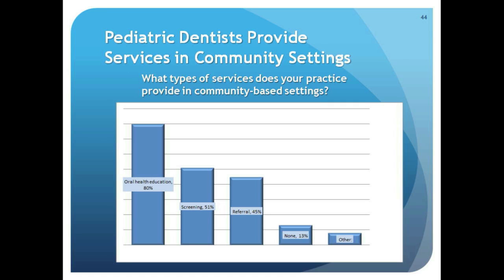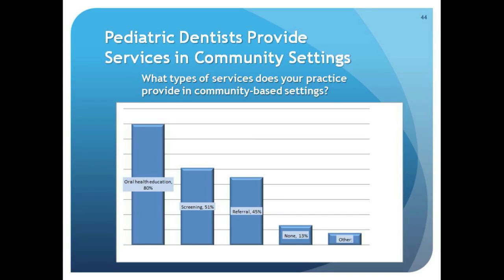Over 80% of our members go out into the community to provide patient education. 51% do screening in places like schools or public health clinics. 45% do referral to other types of organizations. And only 13% do no services out in other community settings.